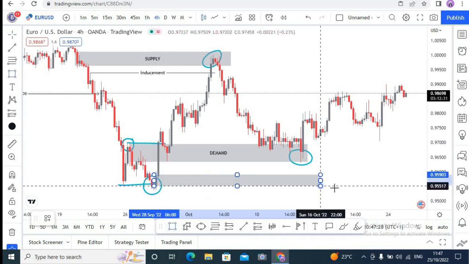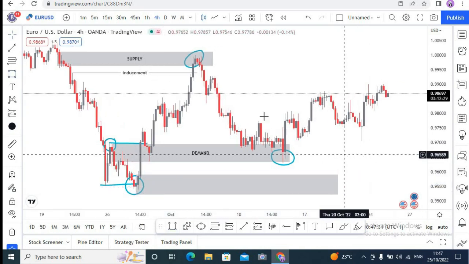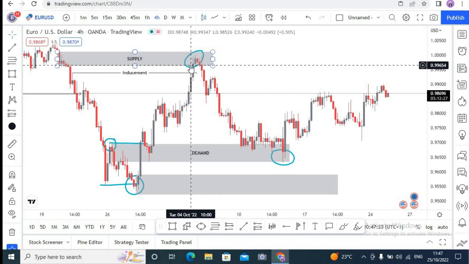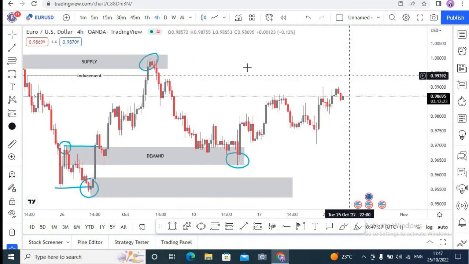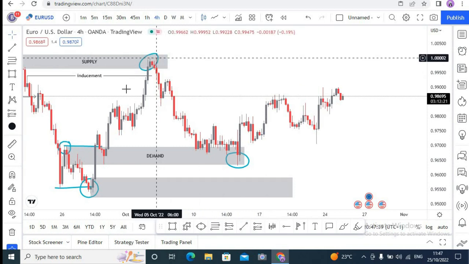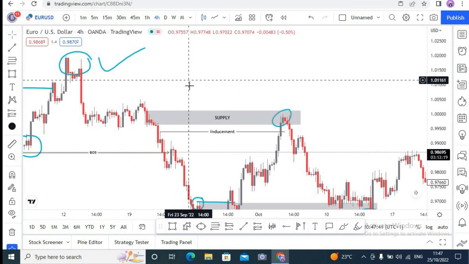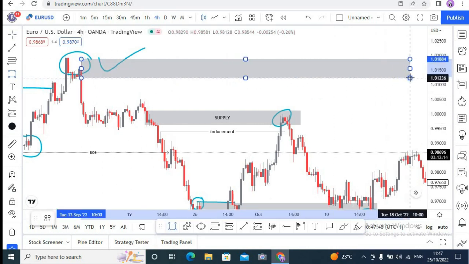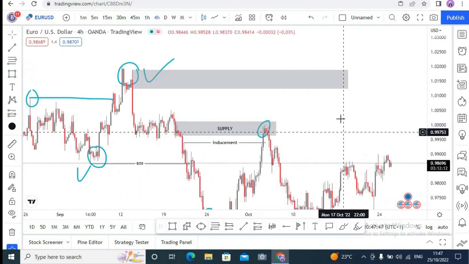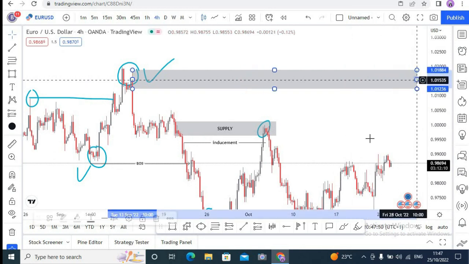This low is a strong low. So this high will now become a weak high. So it's possible for price to continue going up until they take out this high, and then you anticipate a move to this previous extreme point, which is your supply zone area.